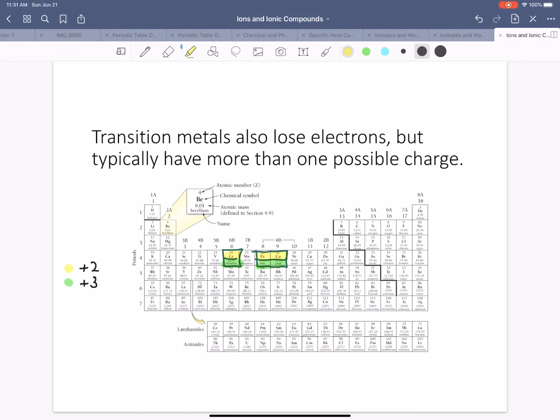For copper and mercury, the charge choices are +1 and +2. So yellow is still +2, and we'll let this peachy color be +1.